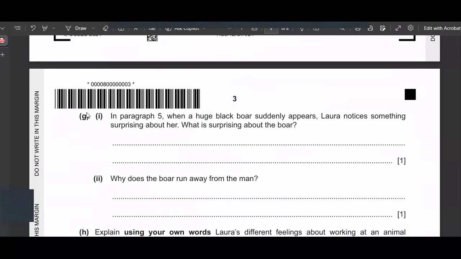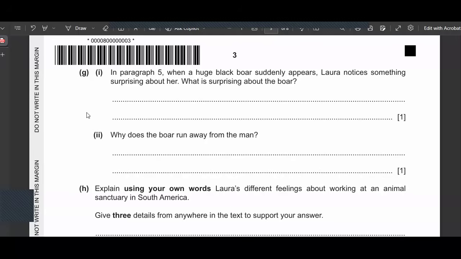Moving on to the next part of question number 1, part G. This part contains 2 questions. Remember, for this sort of structure, your questions are aligned together. They are usually constructed from the same exact scenario. So it's basically from paragraph number 5, which we have not read yet. So before proceeding towards reading paragraph number 5, let's see what the question is asking us.